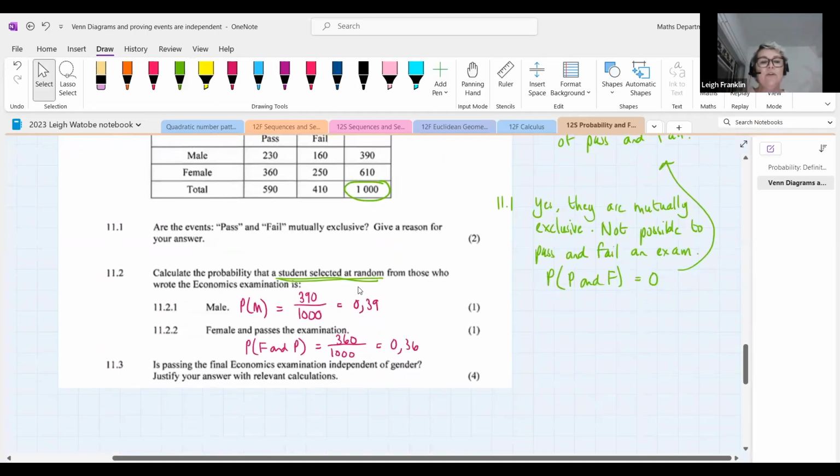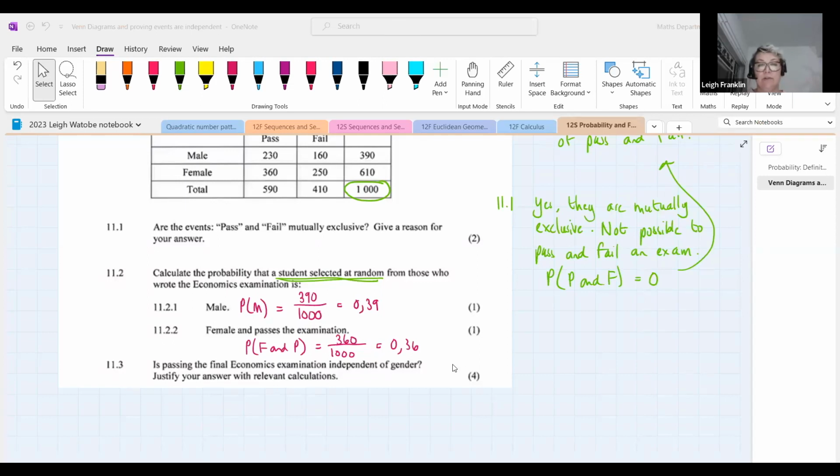All right, let's have a look at the last thing that they ask us. Is passing the final economics examination independent of gender? Justify your answer with relevant calculations.